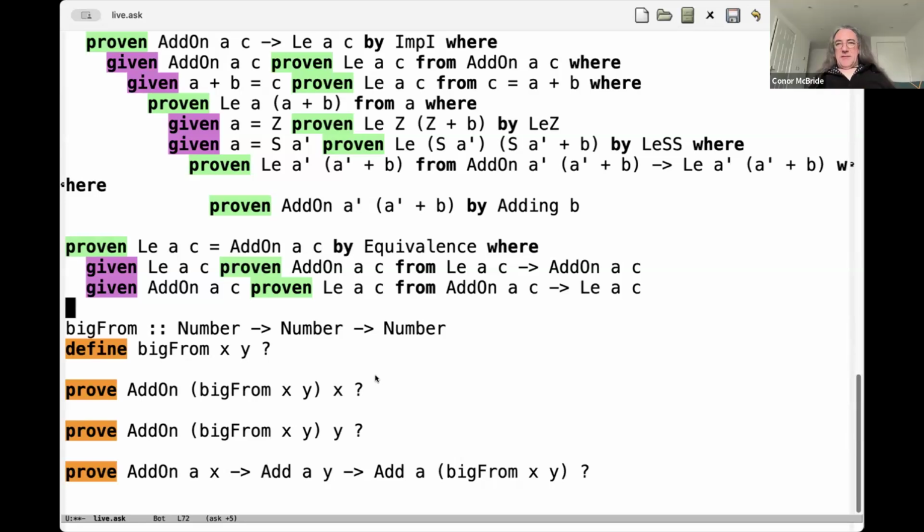So if x and y are 3 and 5, what are we going to pick? What's the largest number which is smaller than 3 and 5? It's 3, right?